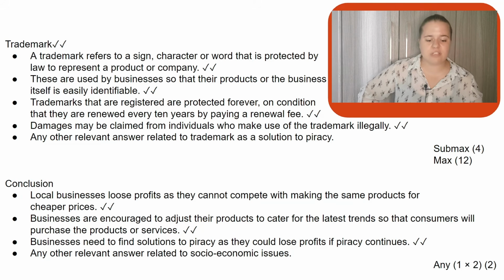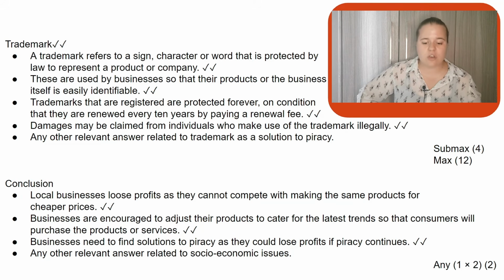Trademarks that are registered are protected forever on condition that they are renewed every 10 years by paying a renewal fee. Damages may be claimed for individuals who make use of the trademark illegally. Now there you see, submax of 4, but it's a max of 12. So you're going to get your 4, 8, 12 there.